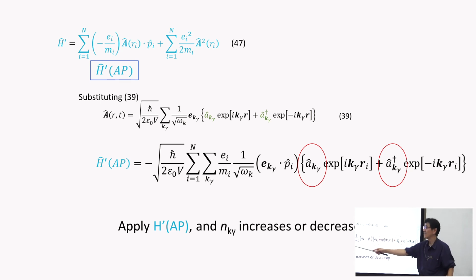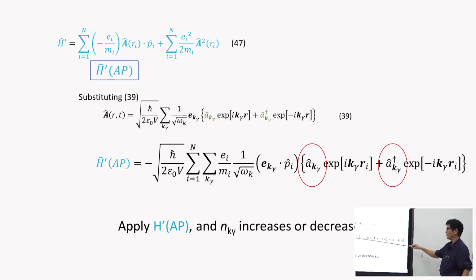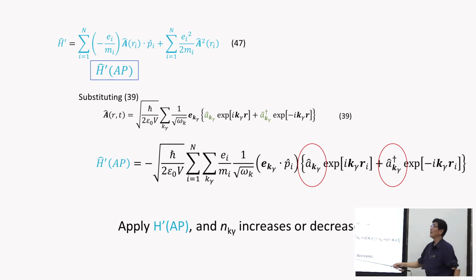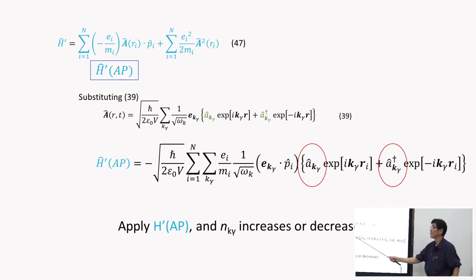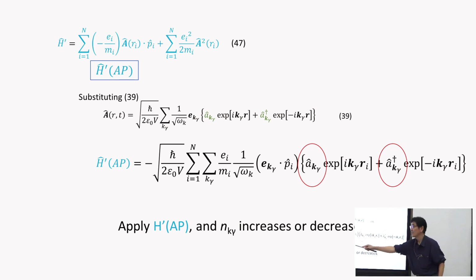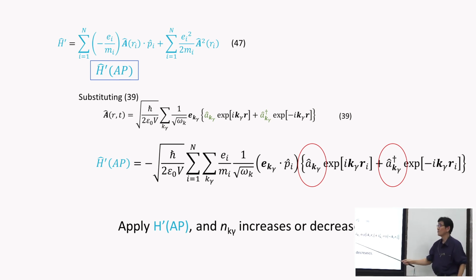Then we get H prime A·P, the first term, like this. Because A includes a creation operator and an annihilation operator, H prime A·P also includes a and a dagger.